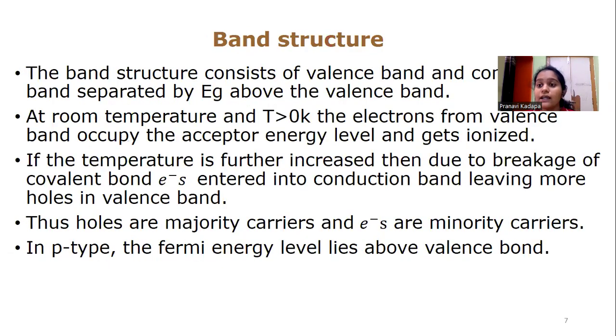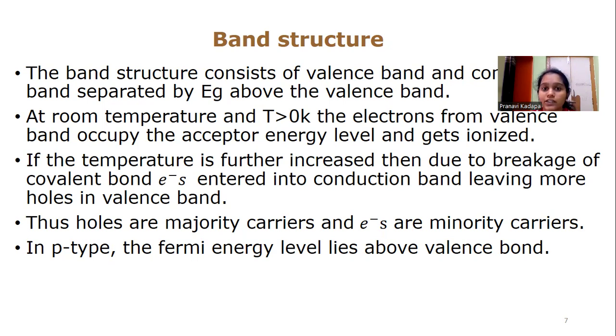So let's see how the band structure is in the P-type semiconductor. The band structure consists of the valence band and conduction band separated by the energy gap, denoted by Eg.